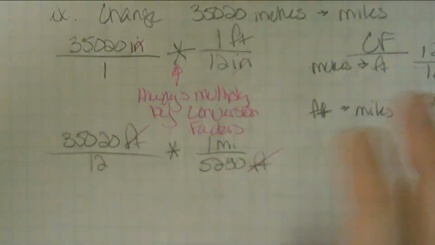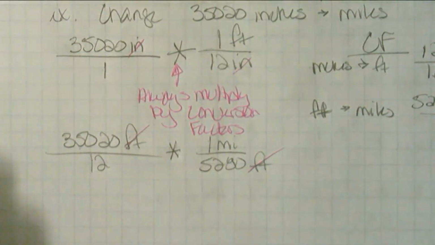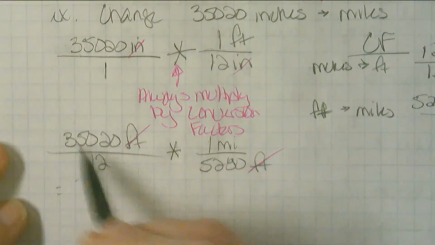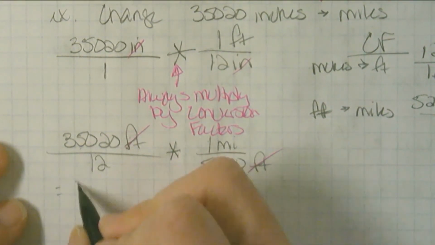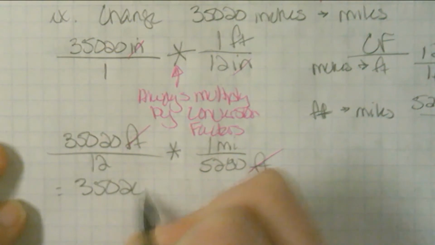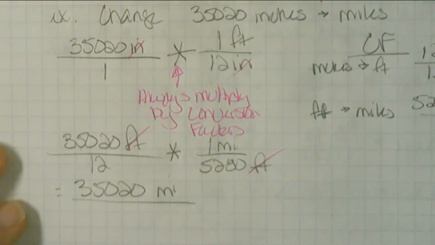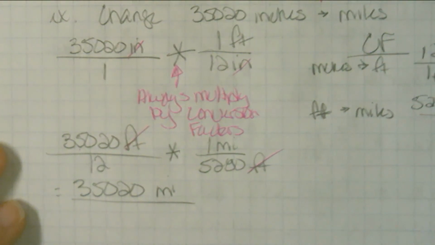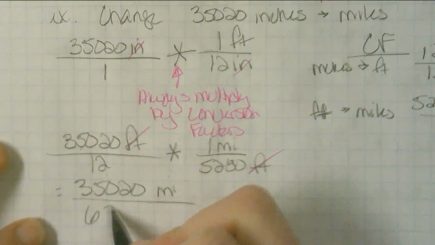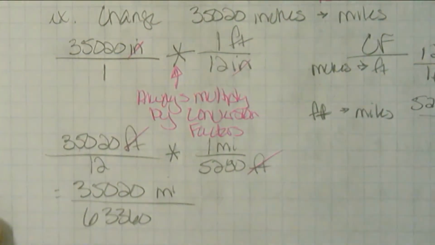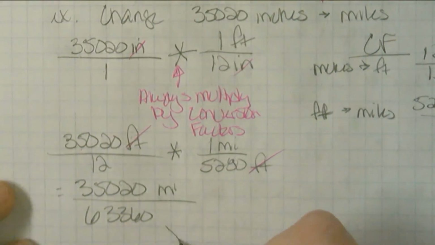So now I'm going to take my calculator. My numerator simply stays because 35,020 times 1 is just 35,020. My units are miles. Then I have to do 5,280 times 12. That's going to give me 63,360. There's no units on that. Now, do the division.